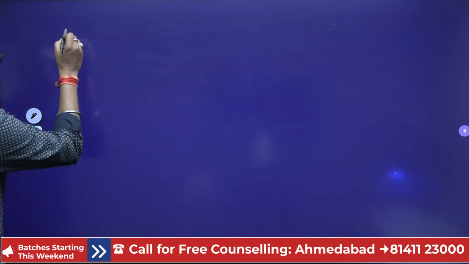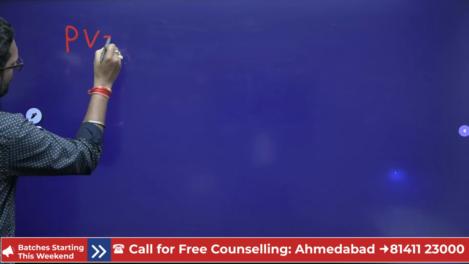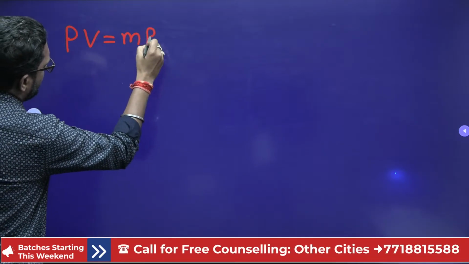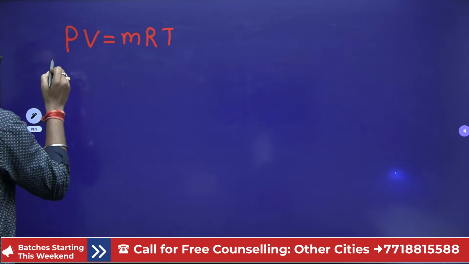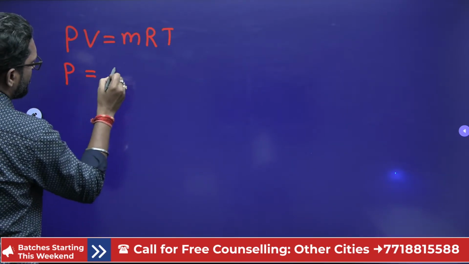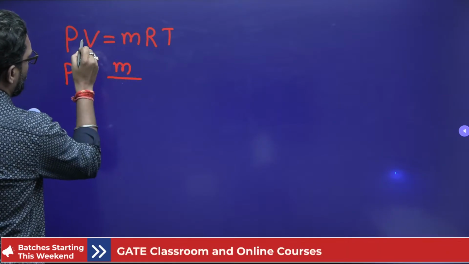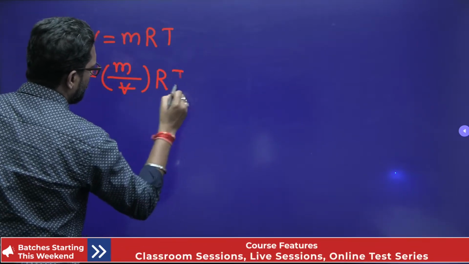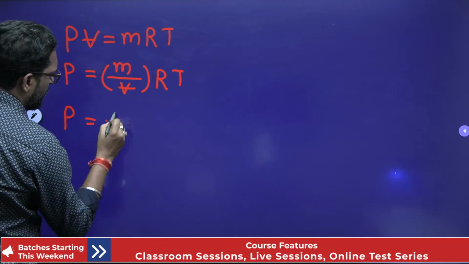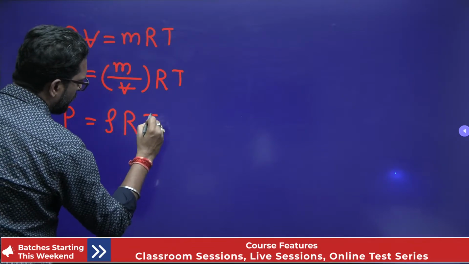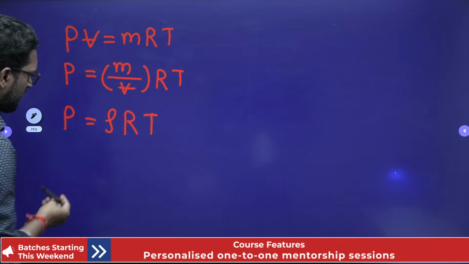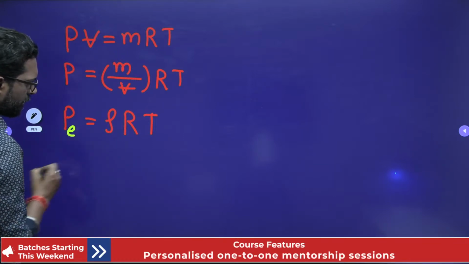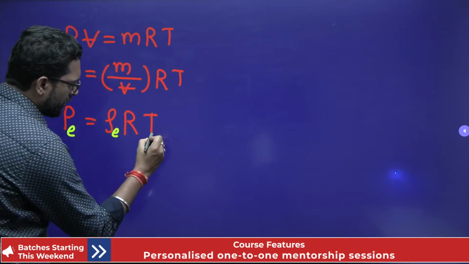Now we have to find the density. We know that PV is equal to mRT. Density is mass by volume, so P is equal to density times R times T. This is at exit: exit pressure, exit density, exit temperature.